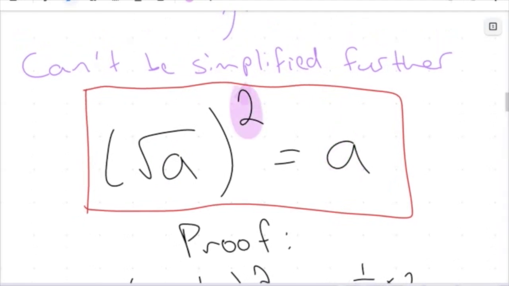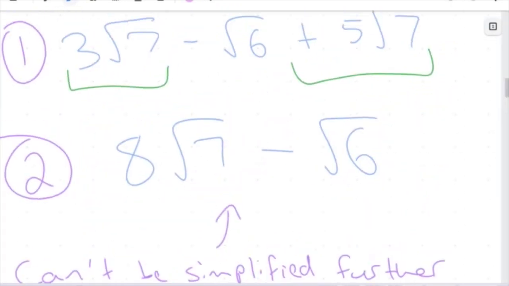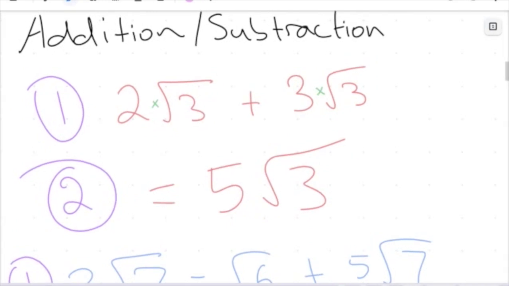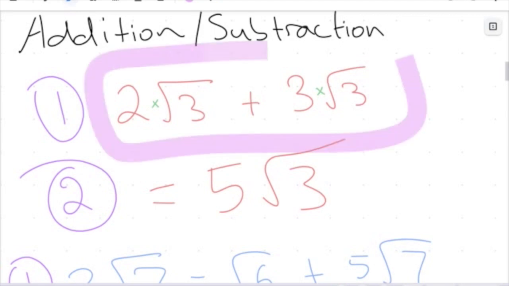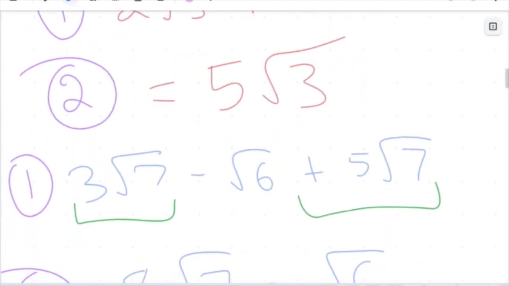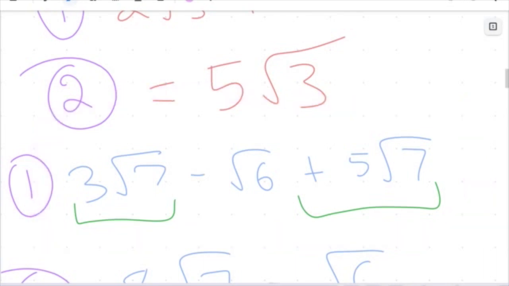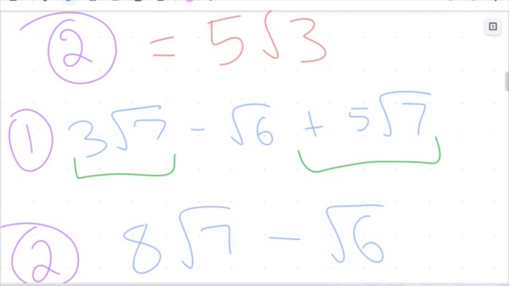In other words, the squaring undoes the square rooting. And also the final thing is that we can add and subtract surds and these kind of trickier surd expressions, sort of like this or the one down here. We can do this in the same way as we did with algebra.